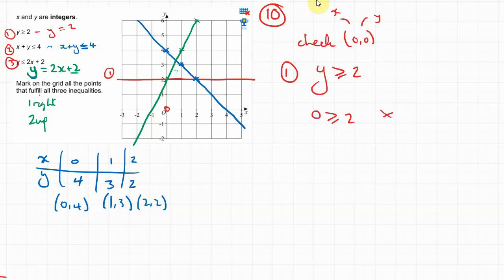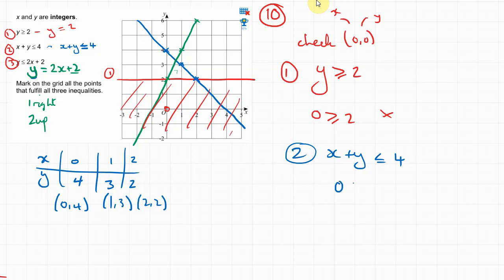So if you were to do this individually, you'd shade the top, but when we are doing multiple, we shade the side that's wrong. So I'm going to shade this side. So this side doesn't have my answer in it. Let's check number 2, and I did that in blue. So x plus y is less than or equal to 4.